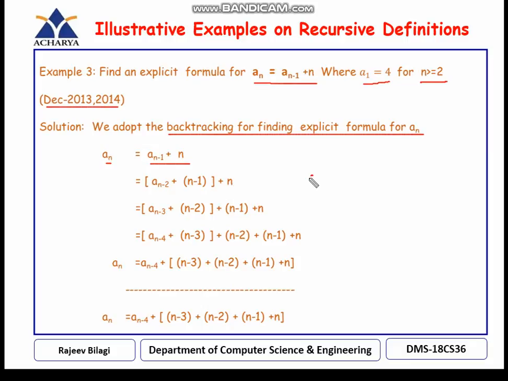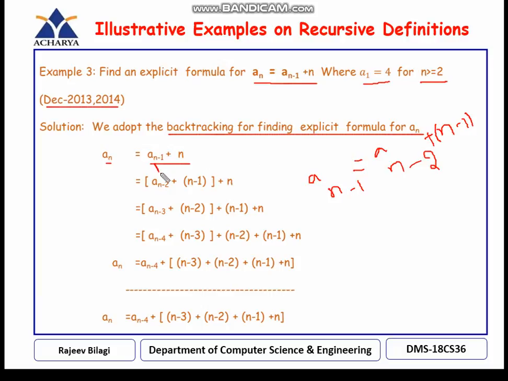Now if I write an minus 1 as per the definition, it will be an minus 2 plus n minus 1, and the n stays as it is.